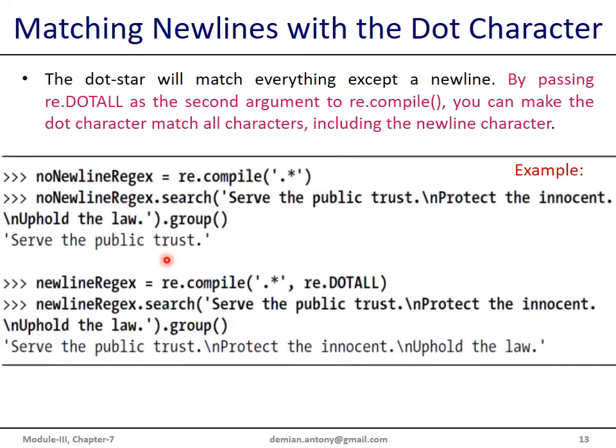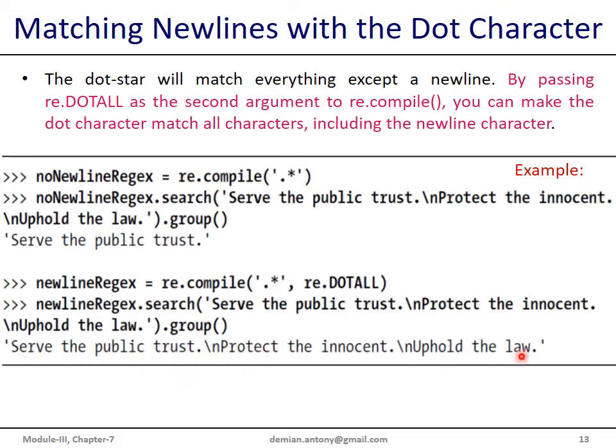And if you want to match even the newline present in a line of text, then we have to use a second parameter, that is re.DOTALL, for the compile method. With this second option we can match all the characters with the regular expression dot star including the newline.